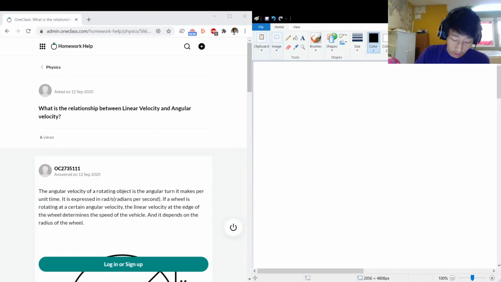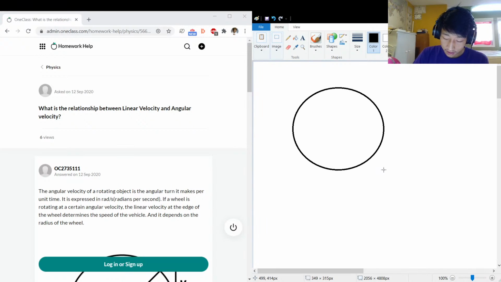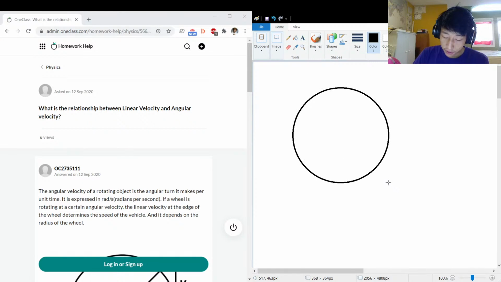For this particular thing, let's assume that we have a constant linear velocity and a constant angular velocity, because if you have variable velocity or variable angular velocity, it makes things a lot more complicated, like second, third year college, university difficulty, but not impossible. Let's just assume that they're constant.